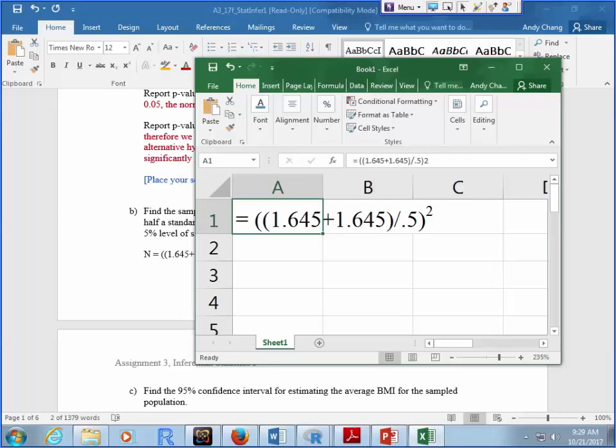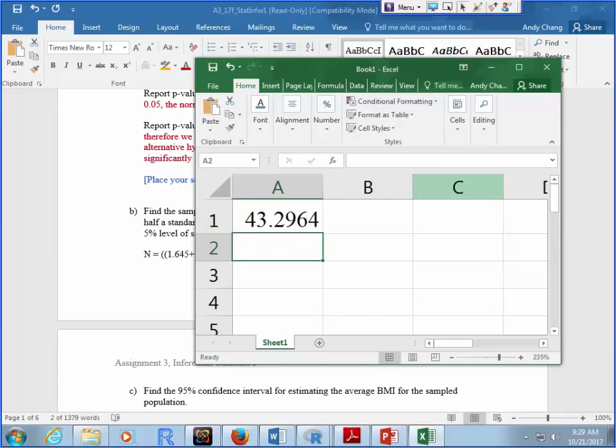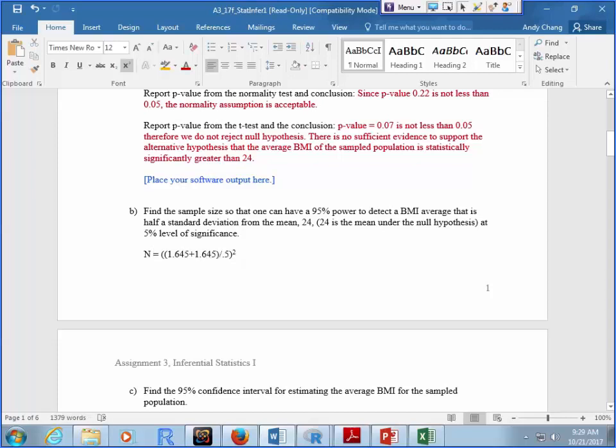So type in an equal sign, and then parentheses to calculate the sum of 1.645 first, and divide by 1/2, and raise to the second power. Of course, Excel doesn't take that, so you do shift and 6 and 2. That would do the square. Okay, and then hit enter. So that's 43.29.